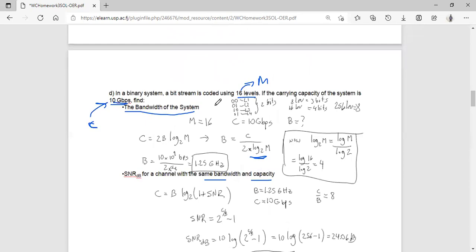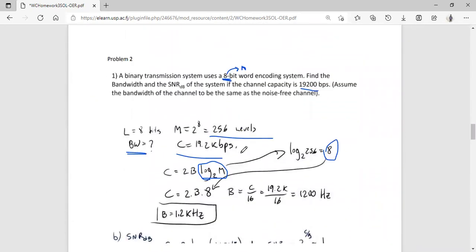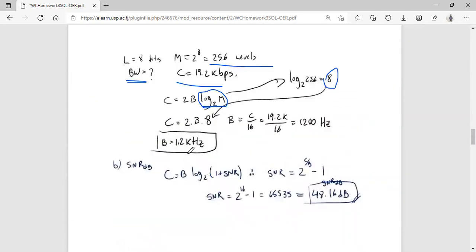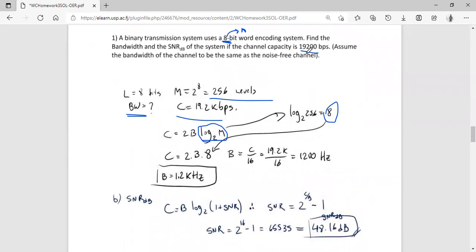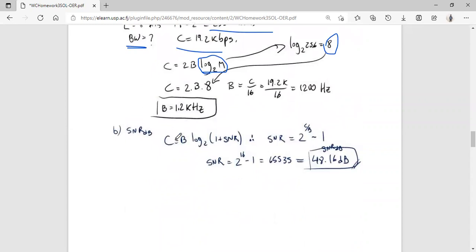Okay, so going back to this particular question over here, we know our bandwidth, right? This is our bandwidth, and our capacity is this, right? So making SNR dB the subject of the formula, or directly substituting the values in that particular formula that I showed you, you'll get 48.16 dB. Or what you can do is reevaluate the formula, right?